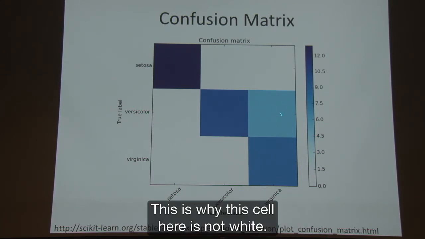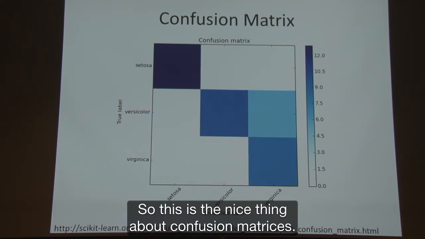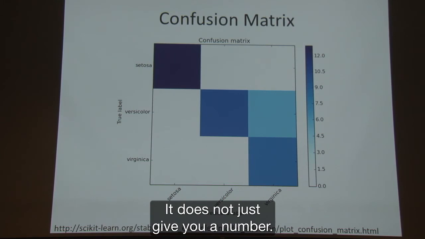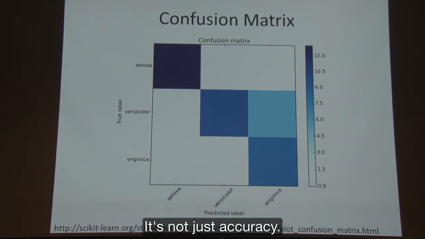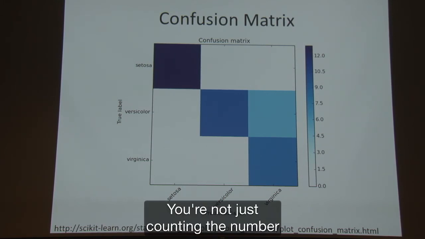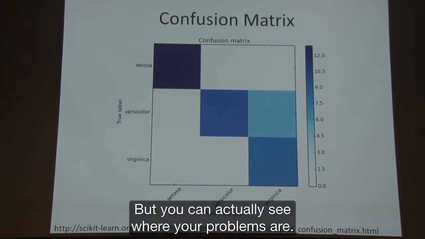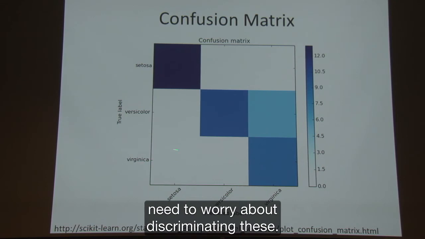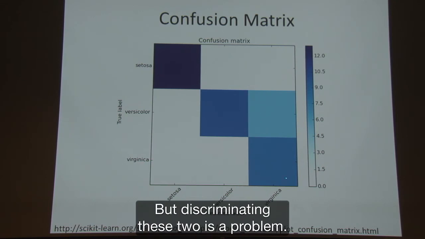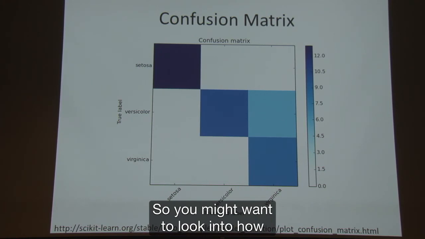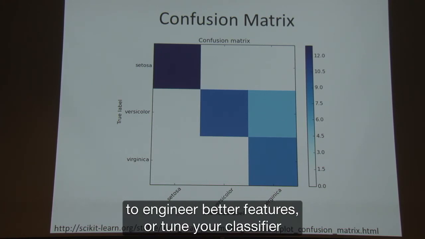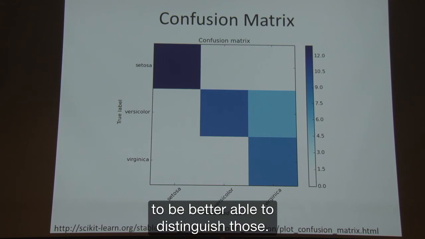This is why this cell here is not white. So this is the nice thing about confusion matrices. It does not just give you a number. It's not just accuracy. You're not just counting the number of samples you got right, but you can actually see where your problems are. So this is telling you you don't need to worry about discriminating these, but discriminating these two is a problem, so you might want to look into how to engineer better features or tune your classifier to be better able to distinguish those.